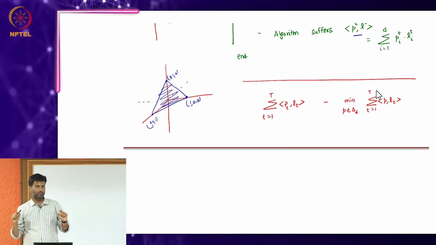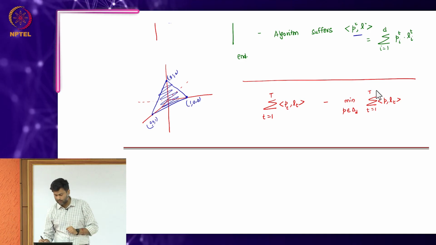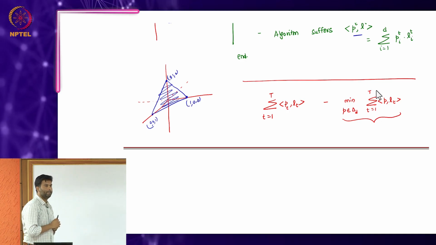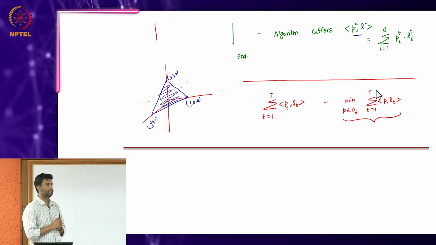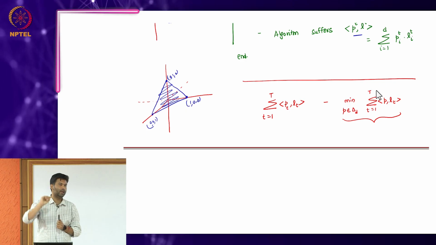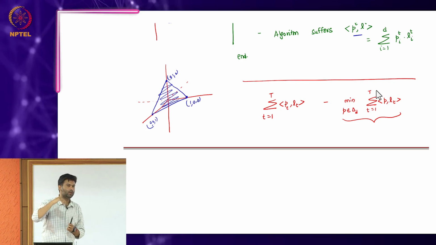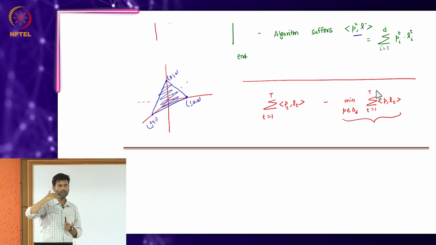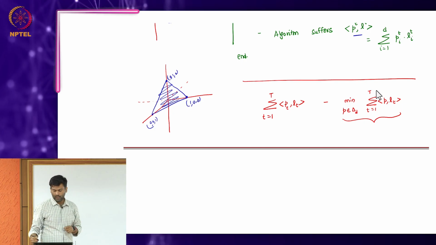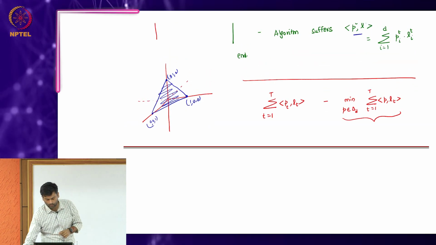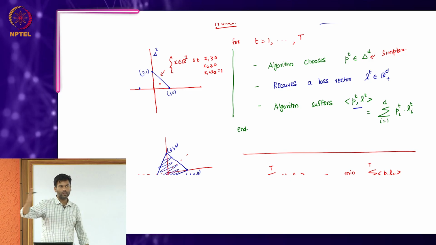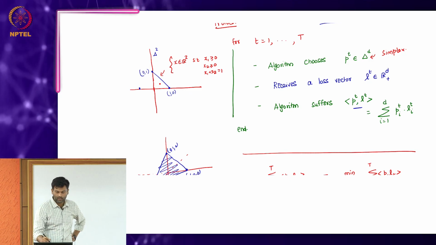Now the first thing to say is: where can this minimum occur? We do not know what the Lt are. Lt is what the adversary is giving us, right. So L1, L2 till LT is what the adversary has given us. Let us say we are in 2 dimensions again. At the end of T rounds, I have seen L1 till LT, all of them 2-dimensional vectors.